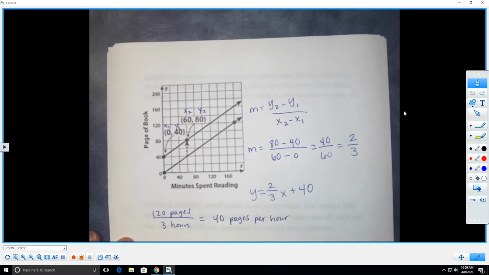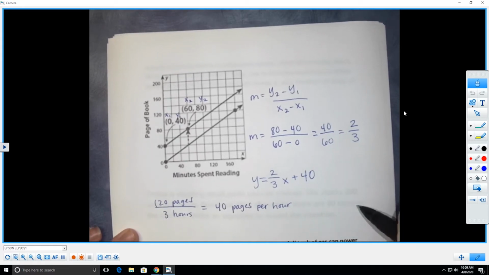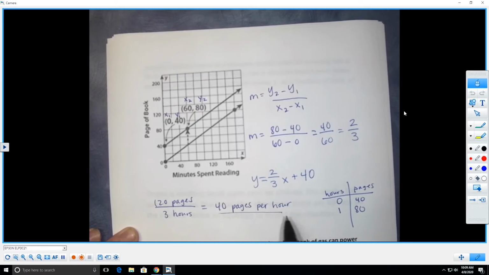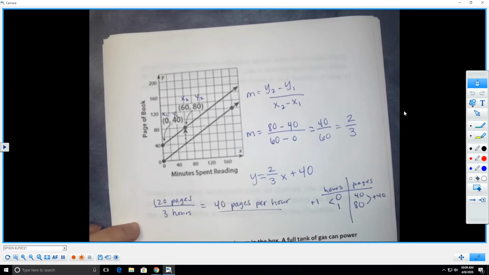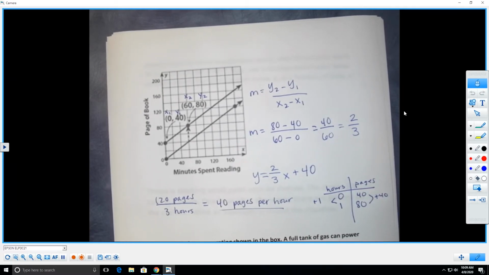So if you were to make a table with hours and pages, for 1 hour he was on page 80, so at 0 hours, or when he started, he would be on page 40 because it's increasing 40 pages per 1 hour. So that's just another way to look at that.